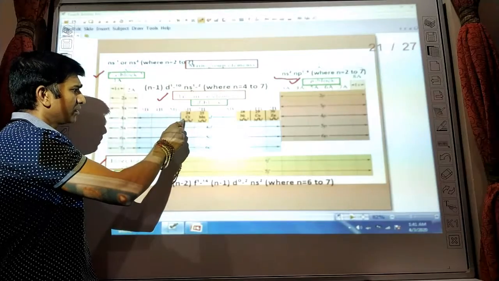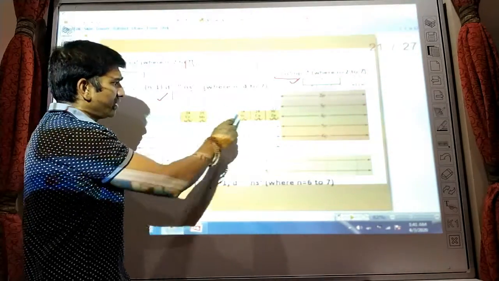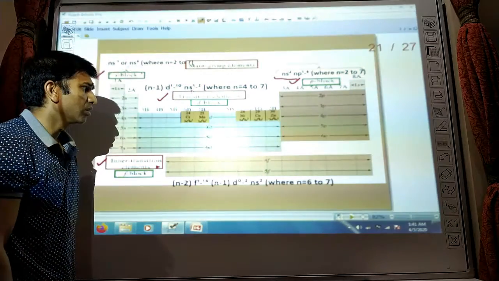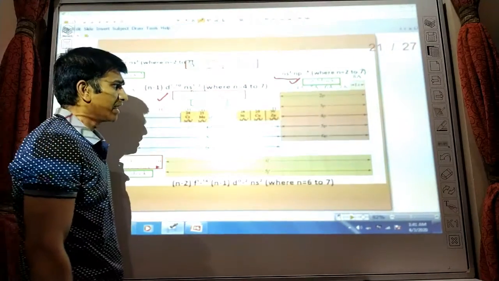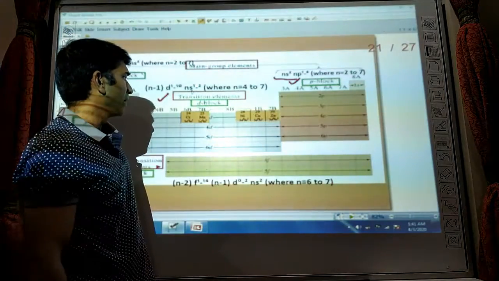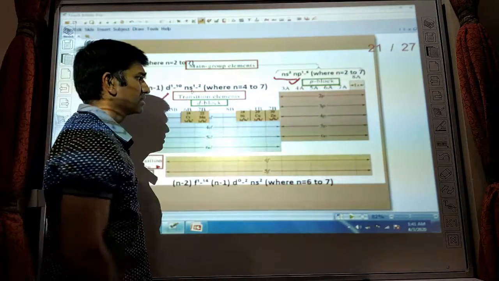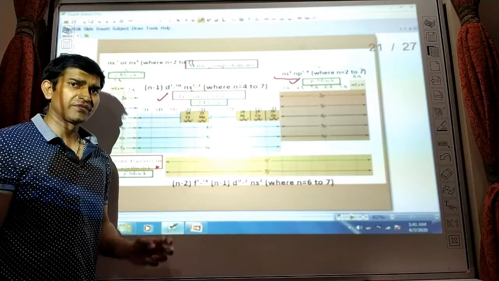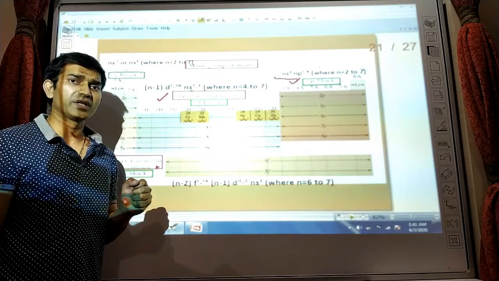And here I have already mentioned some elements in this periodic table, like chromium with 24, manganese 25, nickel, copper, and zinc, because they have a different electronic configuration.